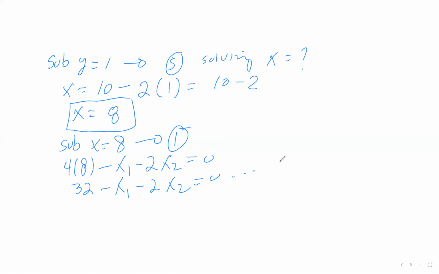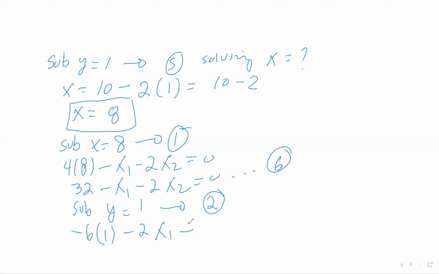So this becomes our equation number 6. And then we sub y is equal to 1 into equation number 2. So we had minus 6y, y is equal to 1, and then minus 2 lambda 1 plus lambda 2, that's equal to 0. So it's minus 6 minus 2 lambda 1 plus lambda 2 is equal to 0. That becomes equation number 7.